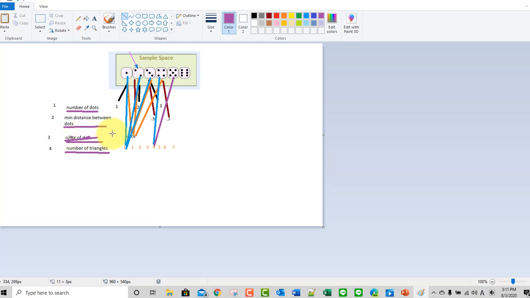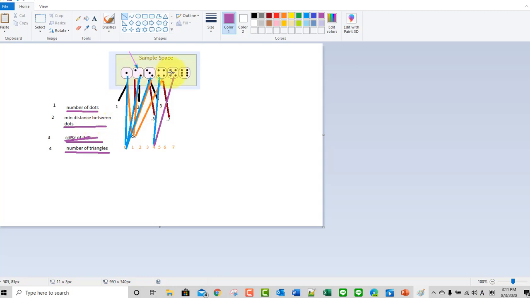So what we're doing is we're taking the sample space, and for each element we're assigning a number. And that's what we mean by a random variable. So we might be interested in the number of dots, but we can think of that as taking each one of these outcomes and assigning it to a number. Of course, it's obvious the numbers here, 1, 2, 3, 4, but that's not the only case of a random variable. We could have a different random variable. That could be the minimum distance between the dots.